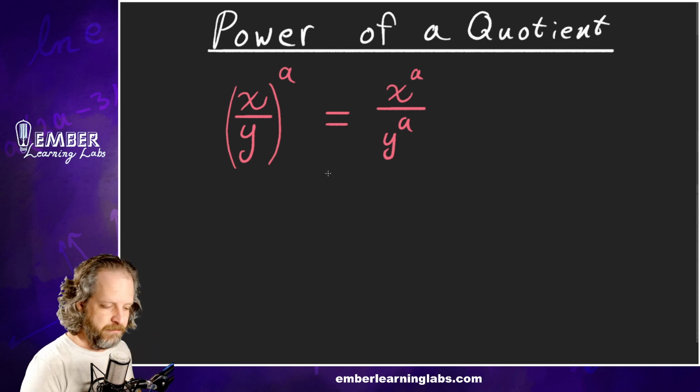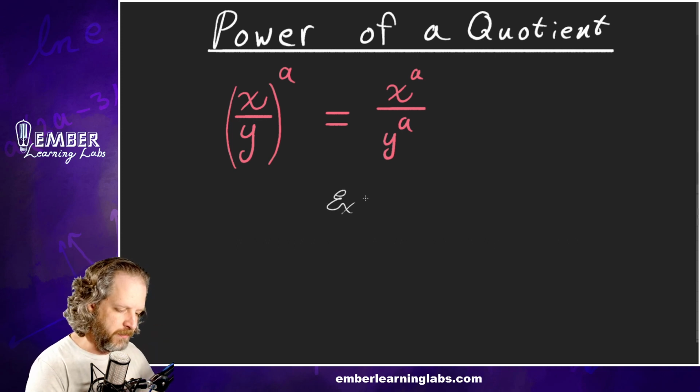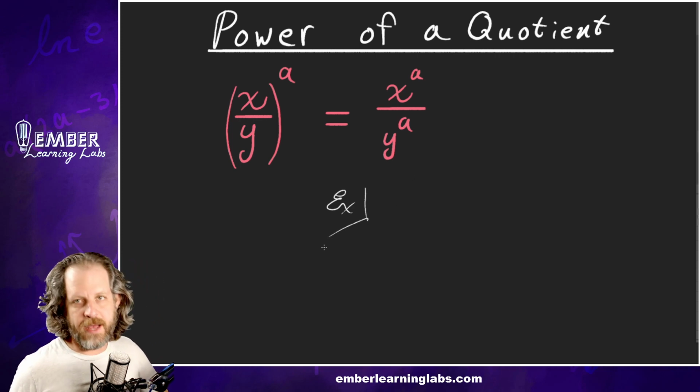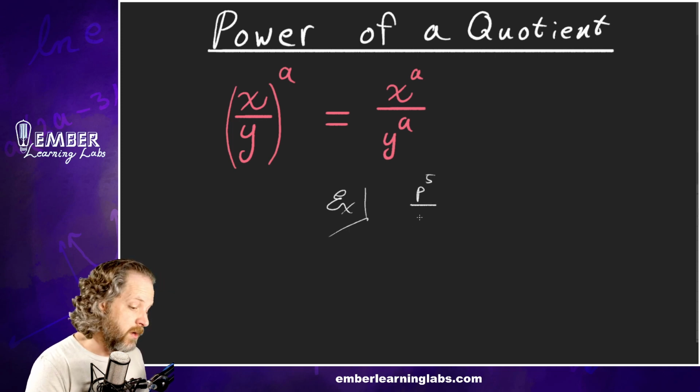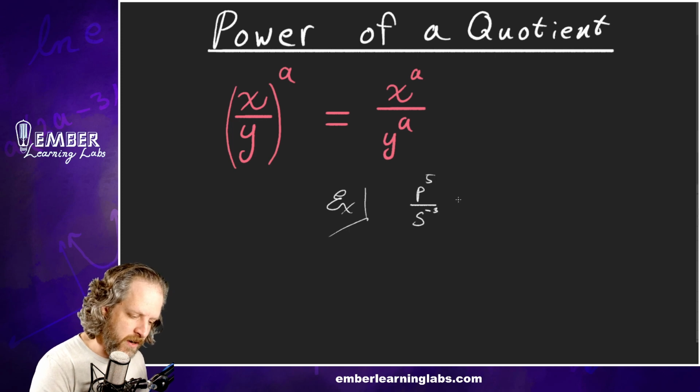So let's do a mini example. You might be like, are you just making up these little mini examples? Yes, I am. So how about p to the 5th over s to the -3rd, all to the 3rd.